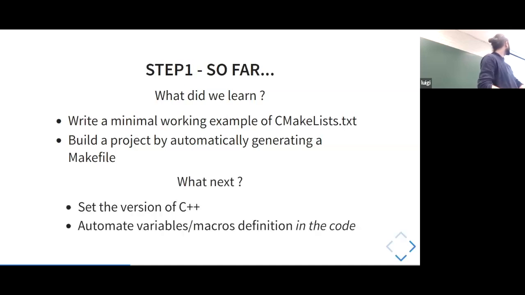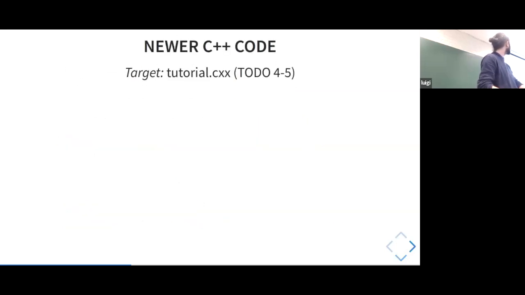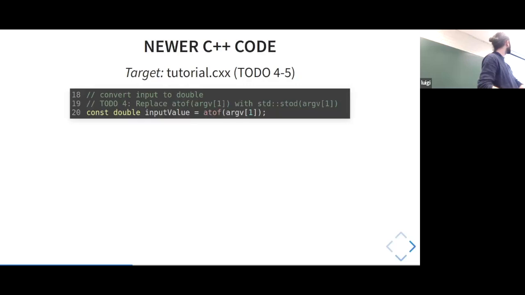So now we want to move a little bit deeper into the C++ code. What I want is to change a line of the code, so to do that in tutorial.cxx in step 1.